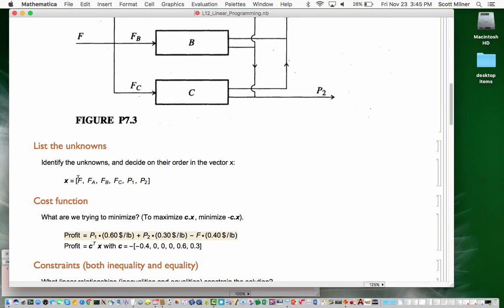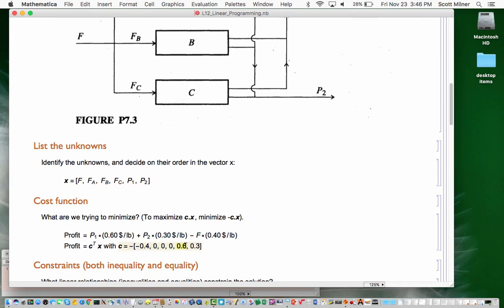And because of the order in which the variables here are written, that was a choice that we made, then the vector c, which if dotted into x will give minus the profit, is minus this vector here. So minus 0.4 because the feed term comes in with a minus 0.4, and that's the first of these variables.